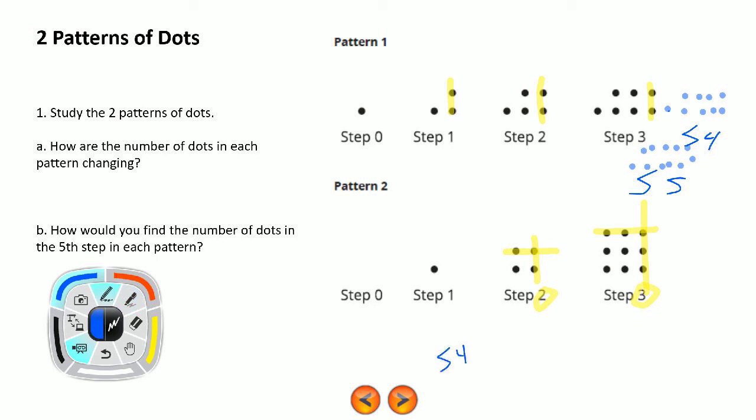So for pattern 2, step 4 would be 4 rows and 4 columns of dots. And then step 5 would be 5 rows and 5 columns. I'm not making this very square, but that's the idea of it. And they would all be square for pattern 2.